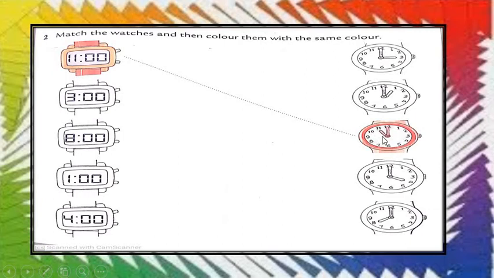Here the short hand is at 11, the long hand is at 12, which means the time is 11 o'clock. If you see, the short hand is at 4, the long hand is at 12, which means it is 4 o'clock. Here, the short hand is at 8, the long hand is at 12, which means the time is 8 o'clock.